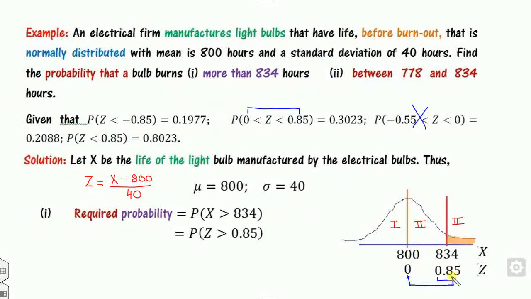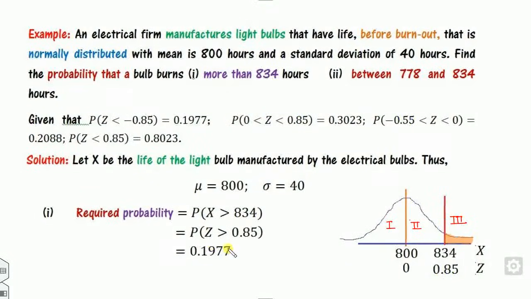This one is given to you as 0.3023. And how do you find the area of the third? Simply, because you know that the area to the right of the mean is 0.5, you can subtract 0.3023 from 0.5. So that's the required answer.